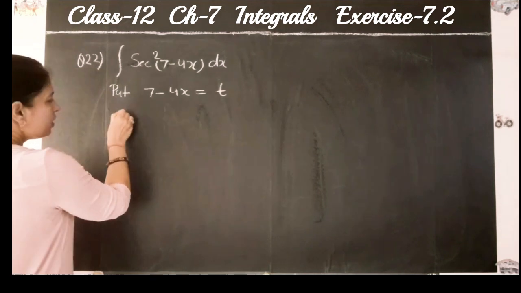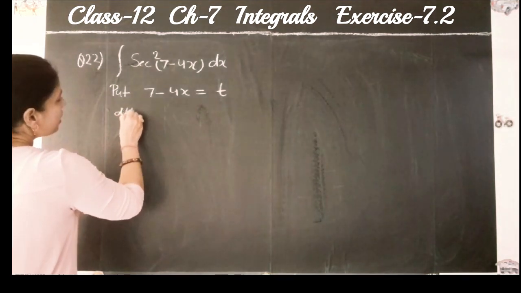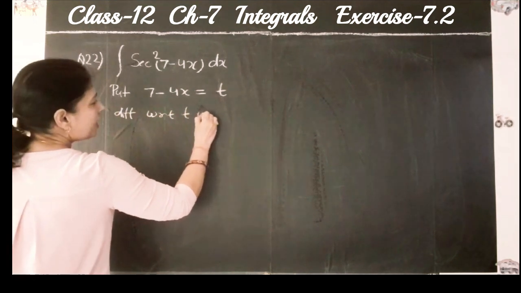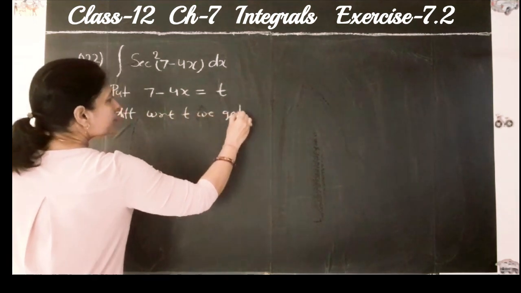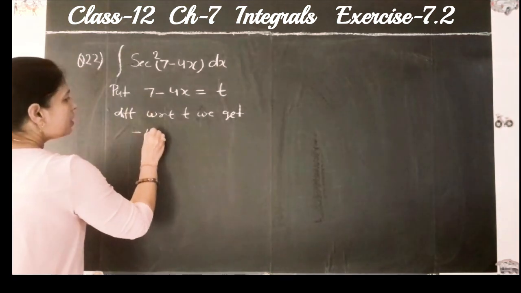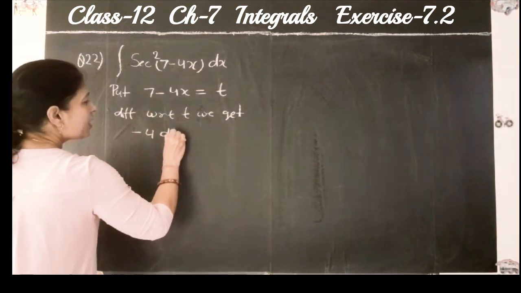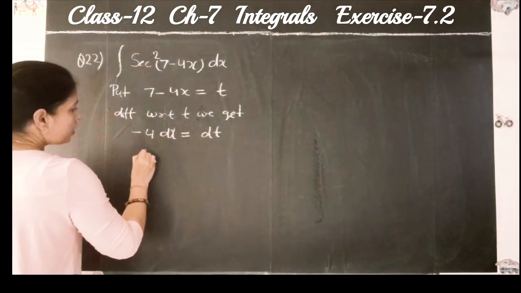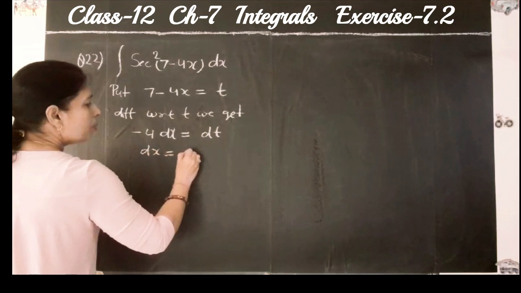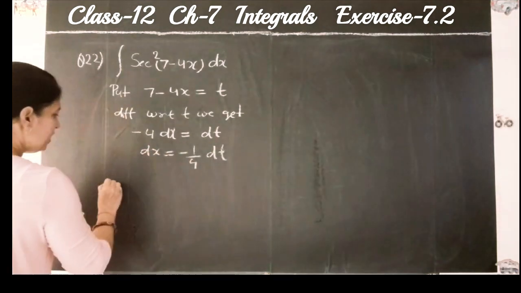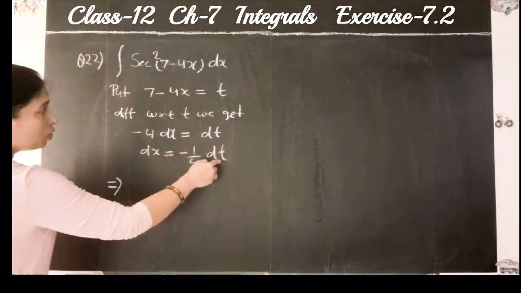Now differentiate both sides. We get, here 7 is a constant, so it will be 0, minus 4 dx is equal to dt. So dx will be minus 1 by 4 dt. So in place of dx, we can write minus 1 by 4 dt.